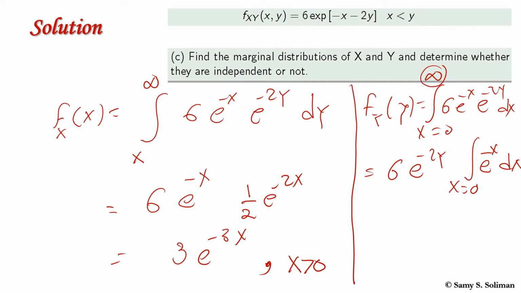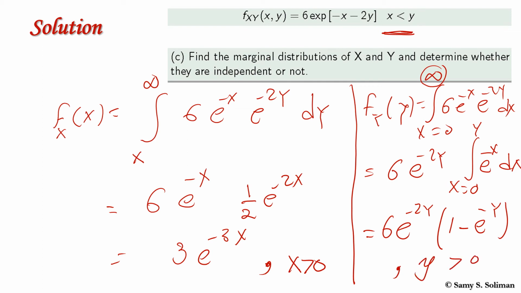However, since we are calculating the probability of y, we have to respect the condition that x is less than y, or y is larger than x. So the upper limit of the integral here will be equal to y. So again, this will be 6 e power negative 2y times this integral, which is very easy and straightforward. So we get 1 minus e power negative y, where again we specify the range: y is larger than 0.